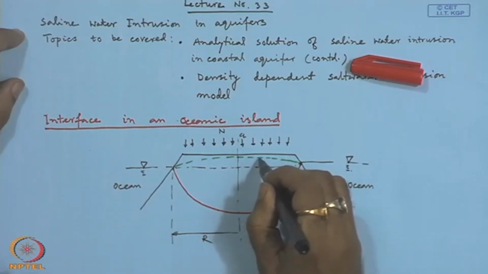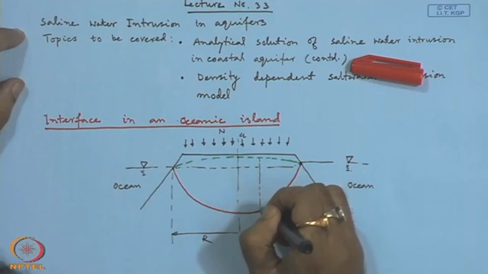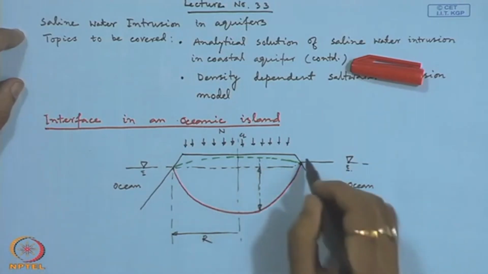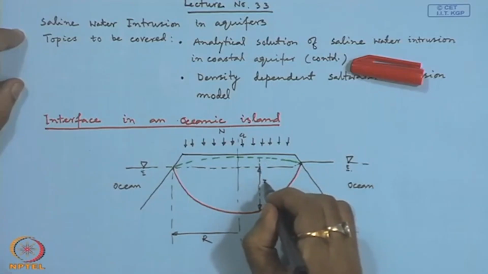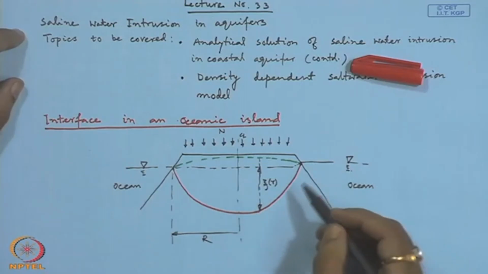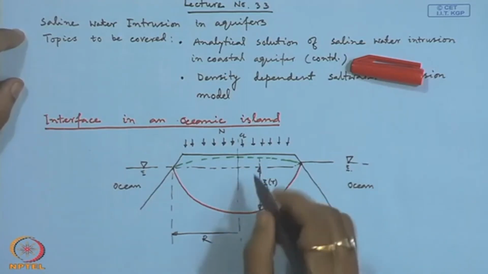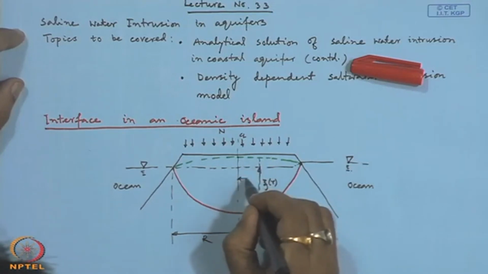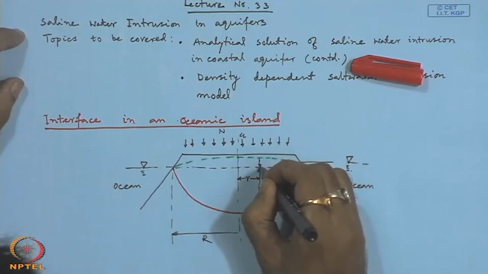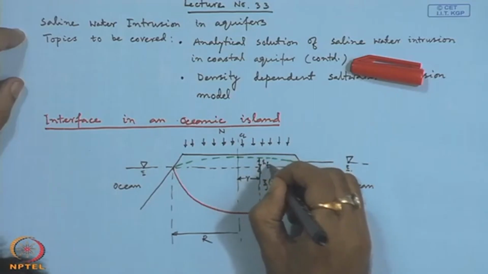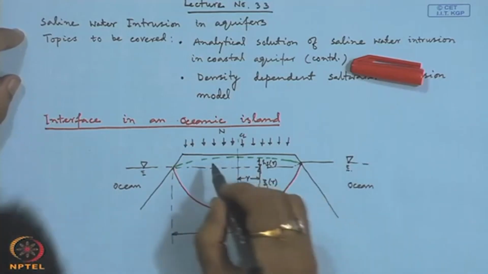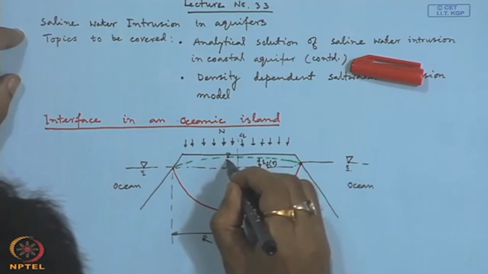For an arbitrary location, we have this distance below the ocean level denoted as psi r, because this is radially varying for oceanic islands, and this is at a distance r from center, and our freshwater head Hf, which is again a function of r, because this is again varying radially.